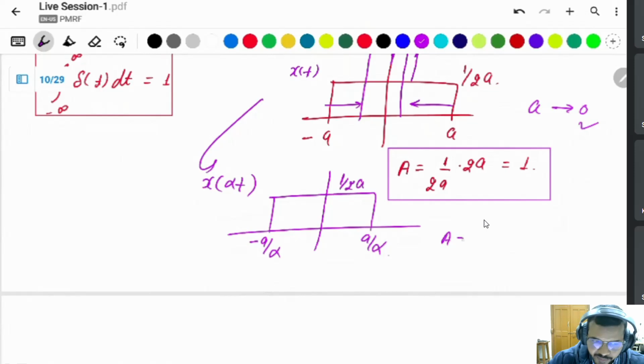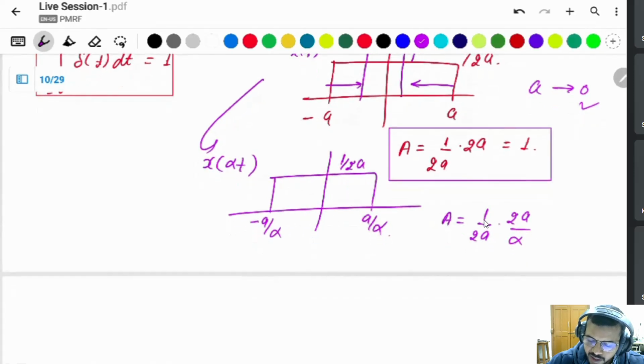Then what is the area of this one after the compression of the signal? 1 by 2a into 2a by alpha. In that condition, the area of the rectangle is, oh sorry, 1 by alpha, into 1. 1 is the area of the delta t.